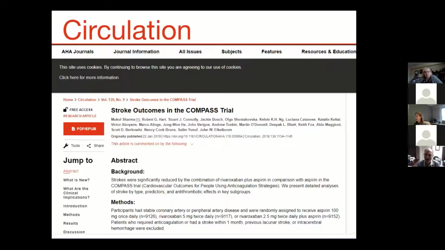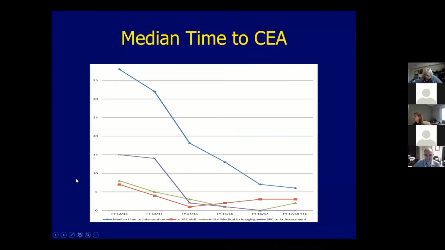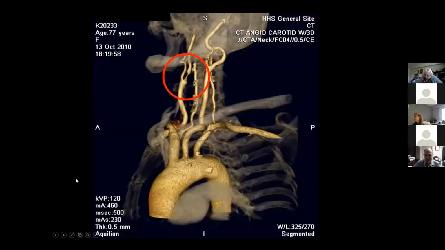Jim, it's Tammy. I have a question. Are there instances where somebody presents with medium or high risk symptoms, like a hemiplegia or aphasia, that you would be more inclined to do a CTA versus a carotid ultrasound? Because of the symptoms? Yeah.